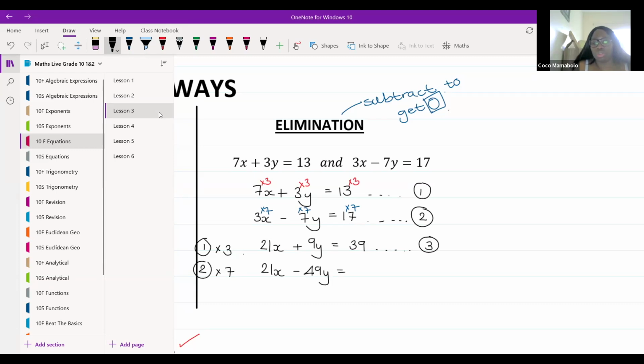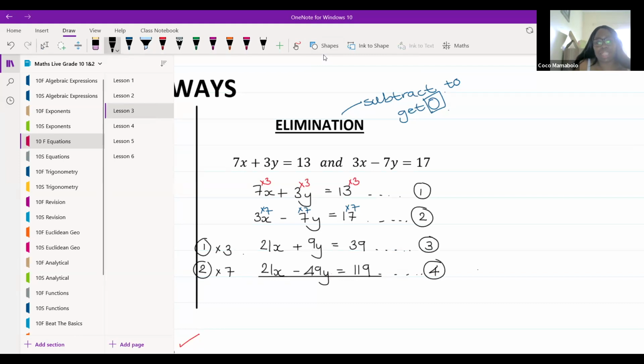And that is equal to, oh my goodness, what is 7 times 17? 119. Okay. 119. And we're going to name that equation 4. Yes. But why did we multiply by those numbers? I'm about to show you exactly why. Okay.